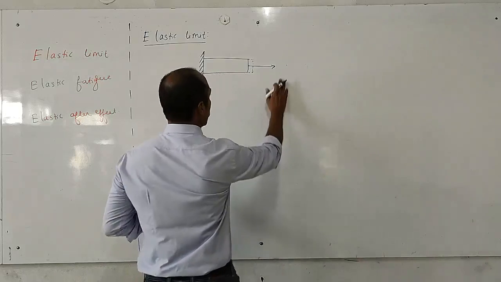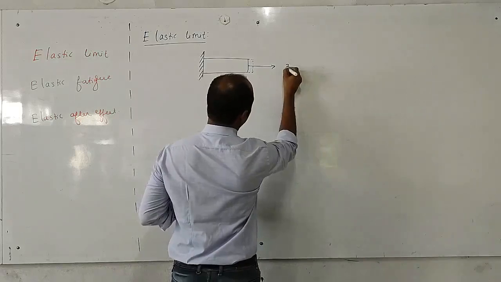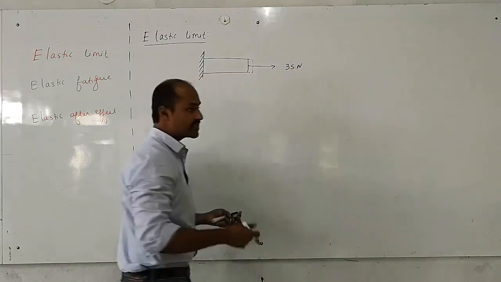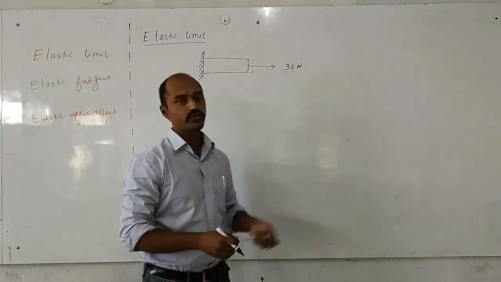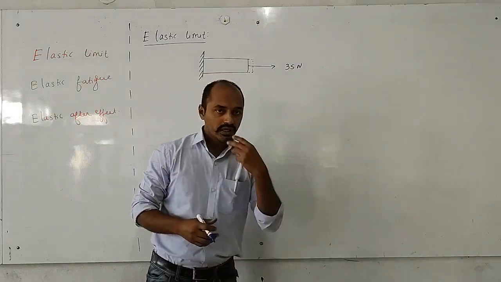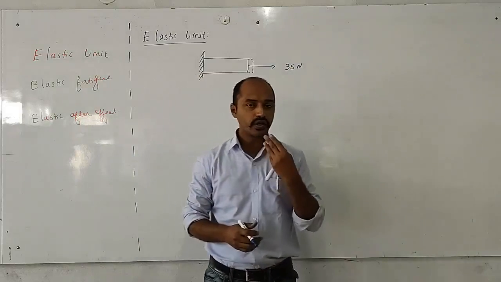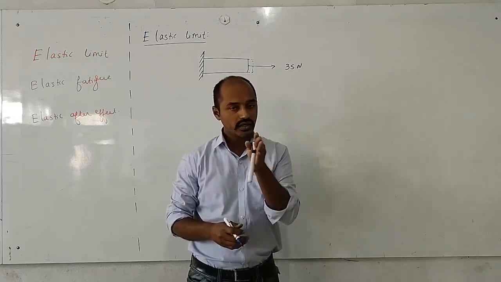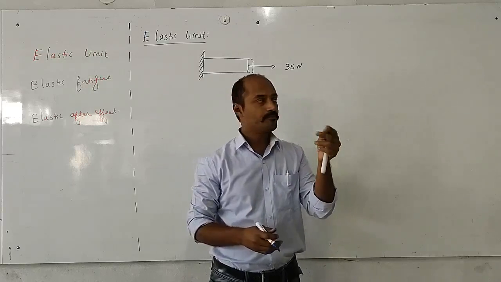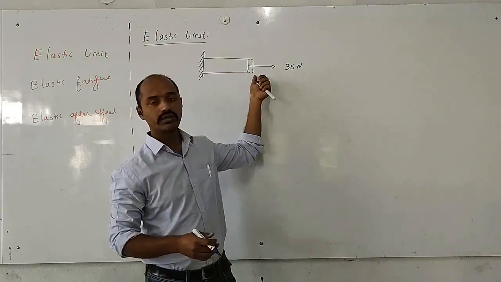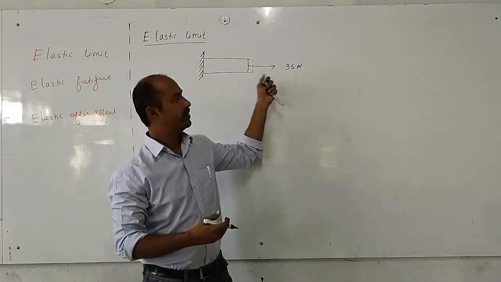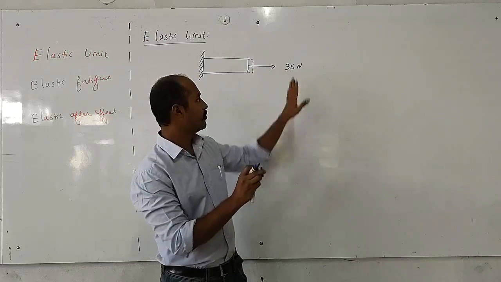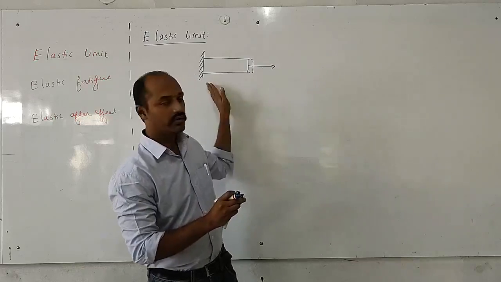Then I will apply a 35 Newton force. Next time I increase the load, 35 Newton of force I apply, right? If I apply 35 Newton force also, then the rod extends until a certain extent. Then when I remove this load, once again it comes back.